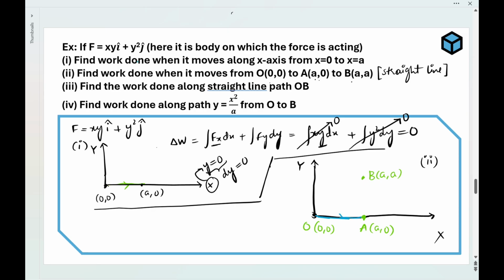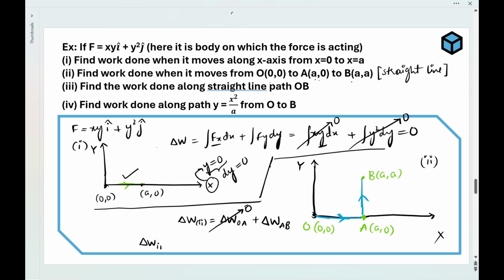So this is our path, first O to A, then A to B. So what we can do is, the work done in this second process would be the work done going in a straight line from O to A plus the work done going in a straight line from A to B. Since we already found the work going from O to A in the first case, which is 0, we can just cancel this term out.